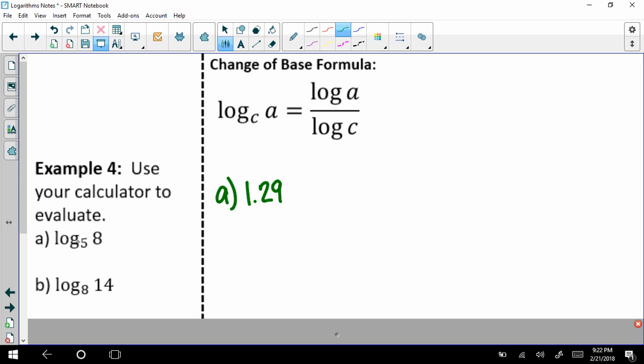Now, those of you that don't have the log base function, here's what you're going to type in. You're going to type in the log of this bigger number 8, and I say bigger number just size-wise. This number may not always be the bigger number, but log of 8 divided by log of the base number 5.